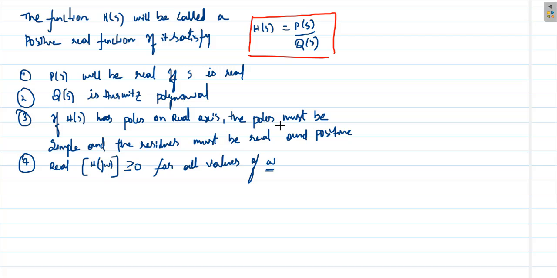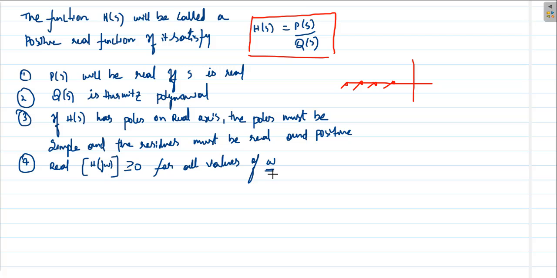That means the poles should be in the left half of the s plane. The poles on the real axis must be simple and the residues must be real and positive. And the real part of h of j omega, that is, if you substitute s equal to j omega, should be greater than or equal to 0 for all values of omega.